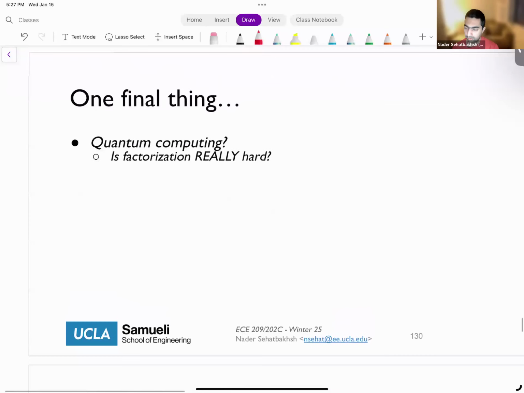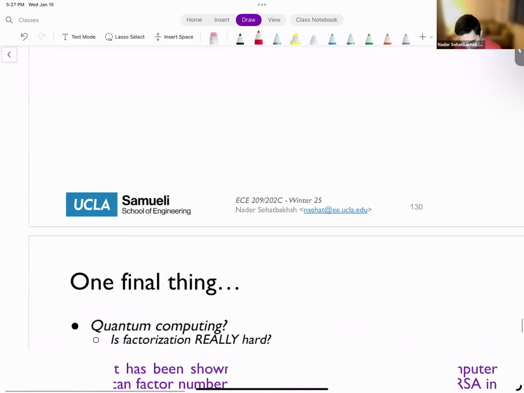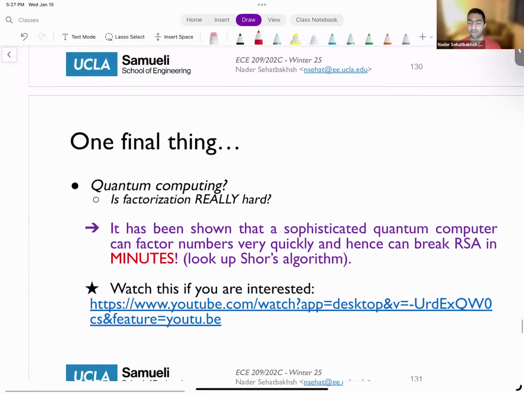And one final thing about RSA is why quantum computers and security are relevant to each other. This is based on what I said, that factorization is a very hard problem. But interestingly, for quantum computing, factorization is not a hard problem.